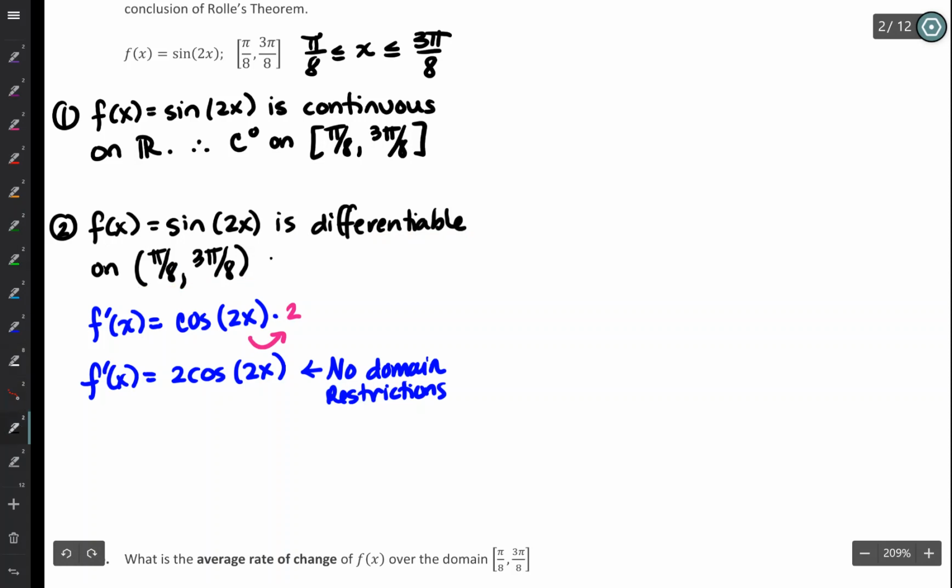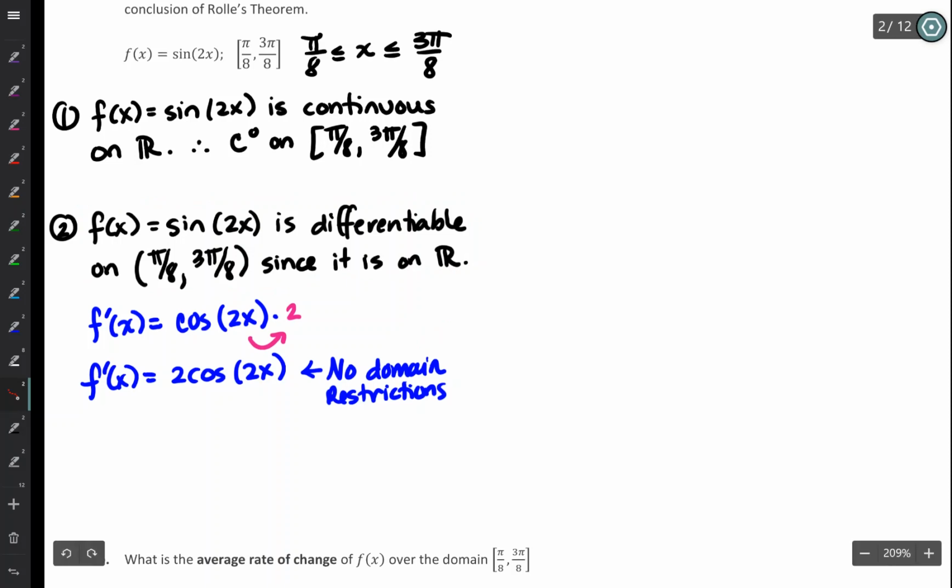In particular, this is true since it's differentiable on all real numbers. As a general rule, we're doing a proof here, and we don't usually claim what we're about to show, like saying I was able to take a derivative and there were no domain restrictions. But for the purpose of this video, I think this is the most straightforward way to do it.